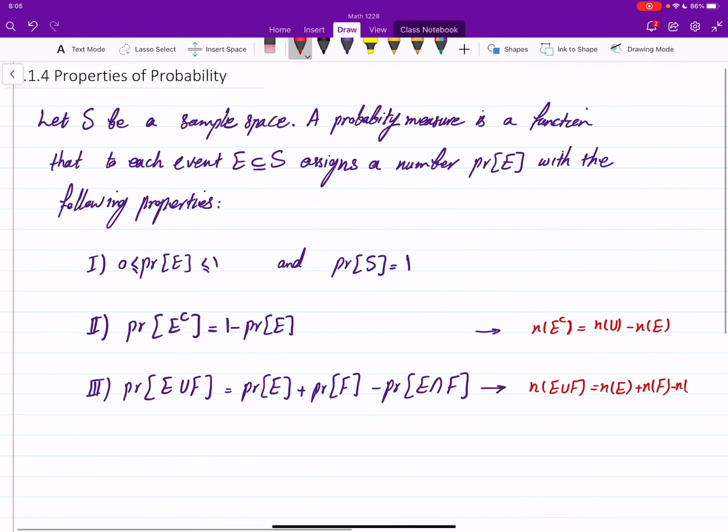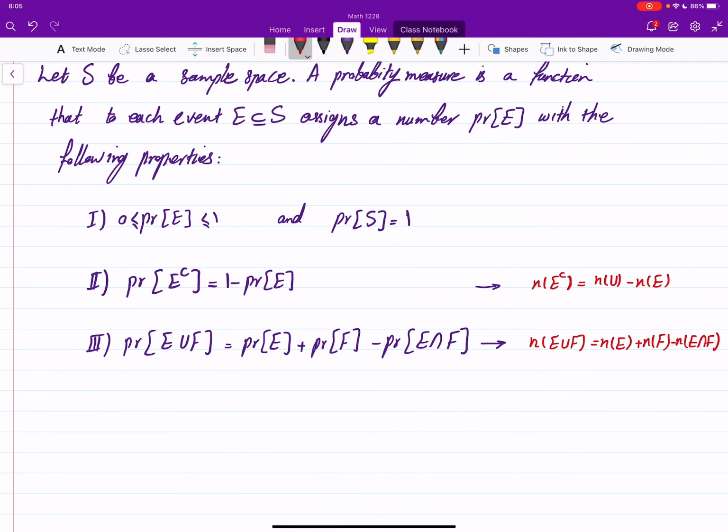So these two properties are very related, but since you have already seen these ones, you can keep them as kind of the same formulas, with one difference. The probability is always a number between 0 and 1, but the number of elements of a set can be any positive integer. Okay. Well, there are a few things that I should add before we end this video.